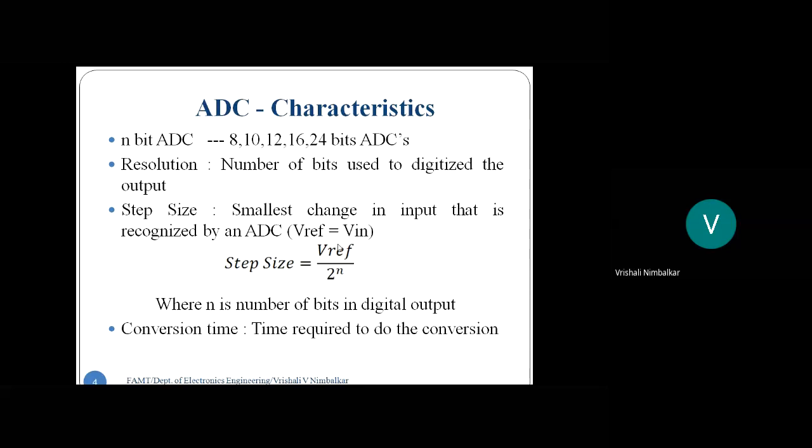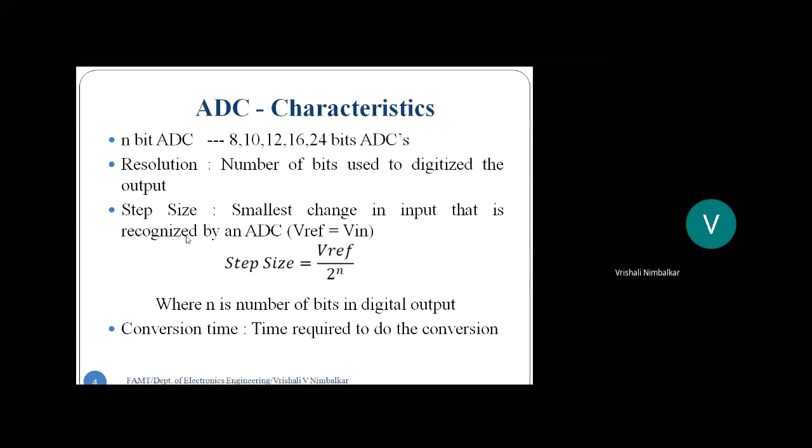So step size is V reference upon 2 raised to n. So what is n? The number of digital bits in the ADC. So if I say it is an 8-bit ADC, n is 8. And if V reference is 5 volt, the maximum analog signal that can be applied as an input will range from 0 volt to 5 volt.